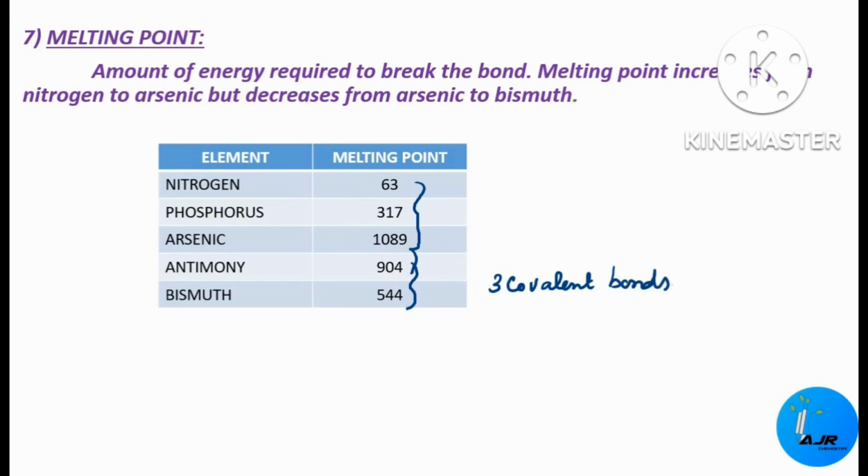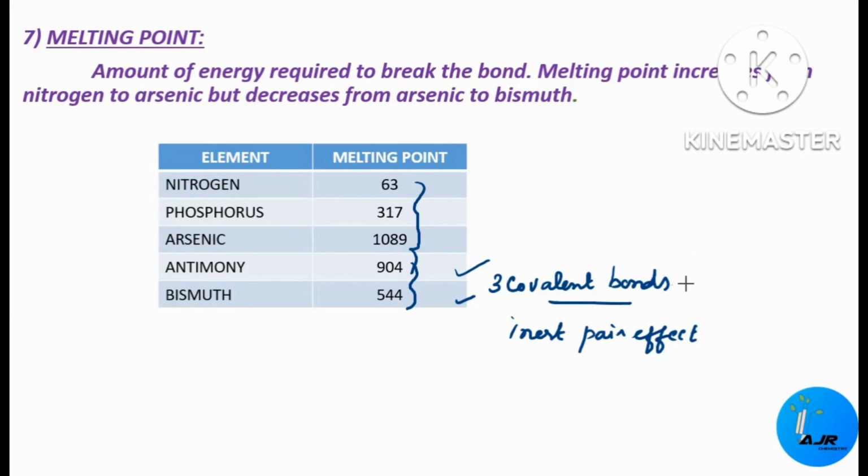And also due to the inert pair effect exhibited by these two, antimony and bismuth, this results in a weakening of attraction among the atoms. So automatically the melting point decreases.